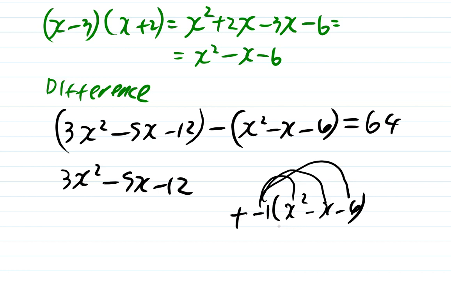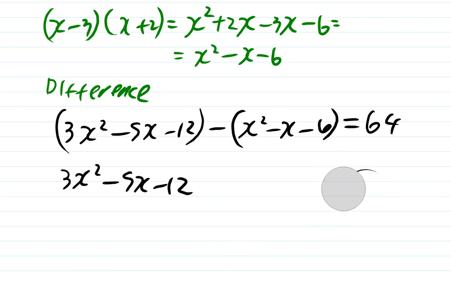When you multiply by negative 1, the size of the number remains, but the signs change: positive changes to negative, negative changes to positive. So you have minus x squared and plus x plus 6 equals 64.